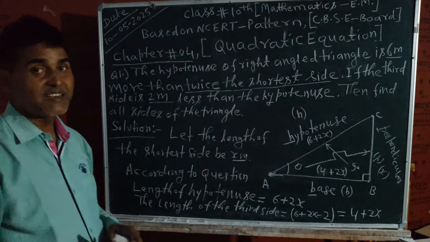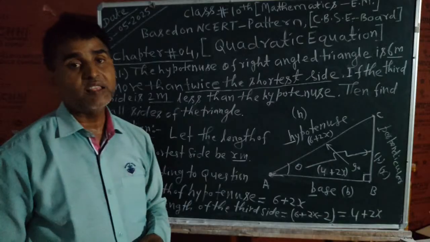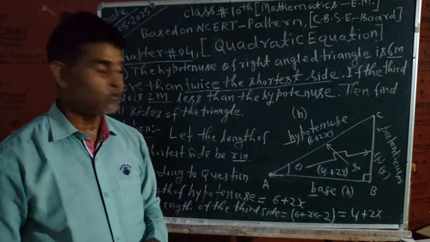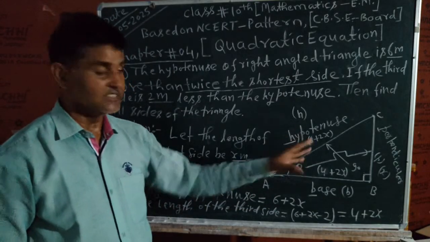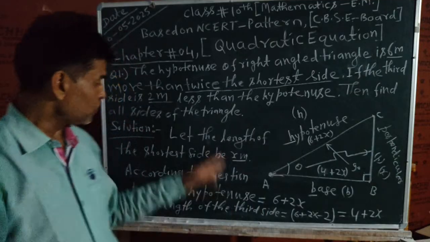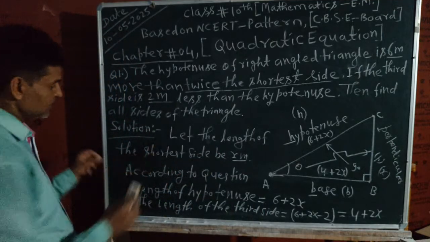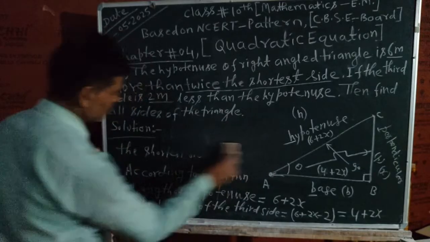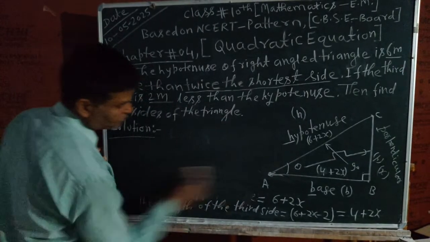It means that a triangle has three sides, and I will calculate all the side lengths with the help of this information.